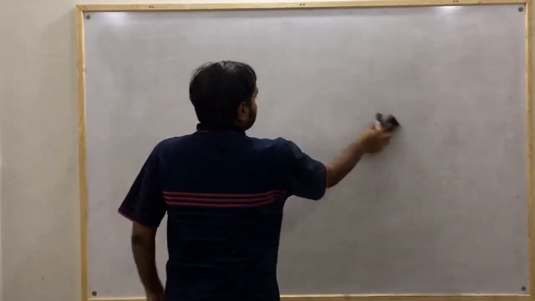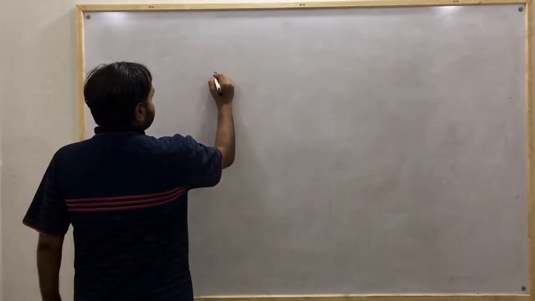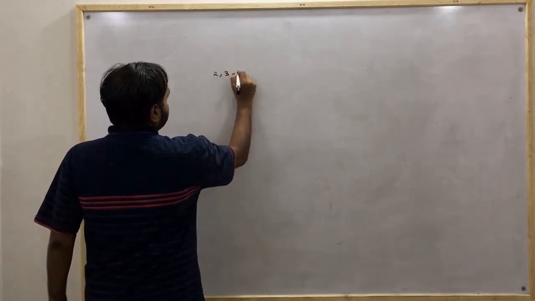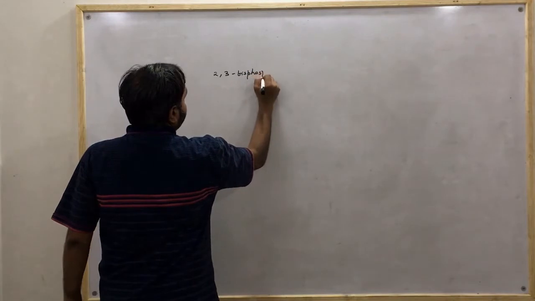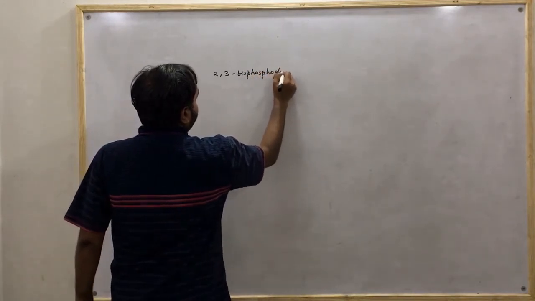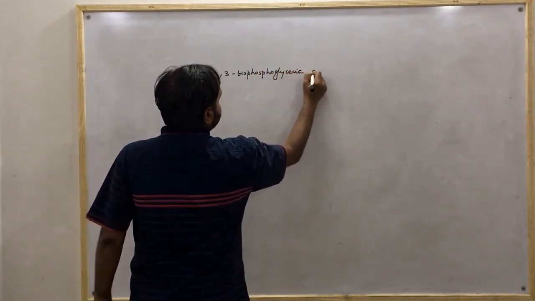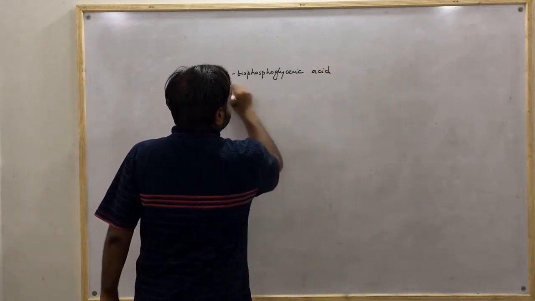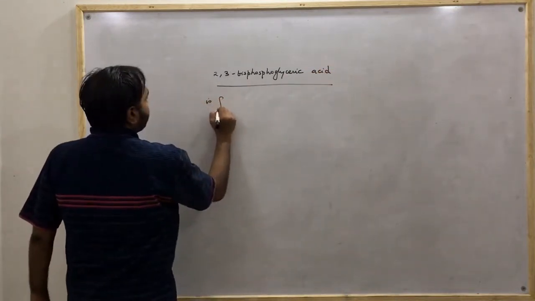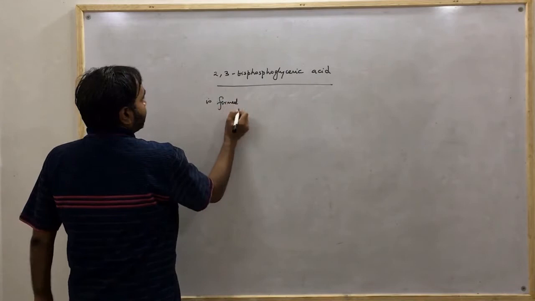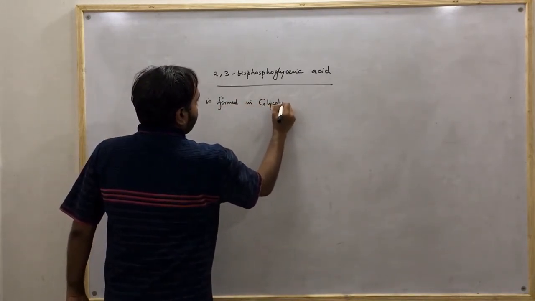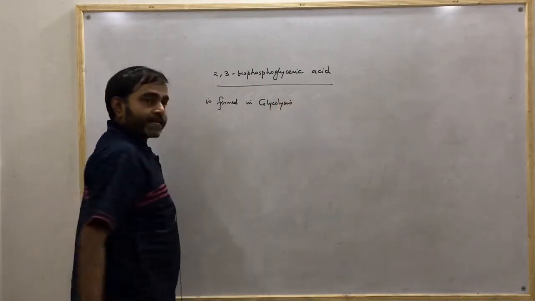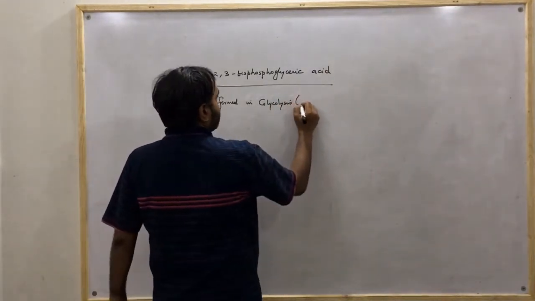So we have seen that 2,3-bisphosphoglyceric acid is formed in the glycolysis that is taking place in erythrocytes.